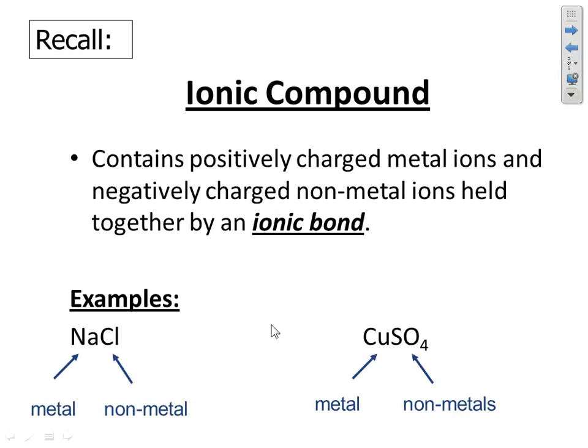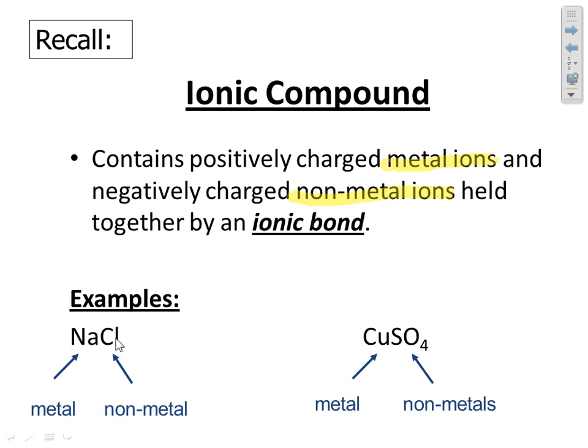Remember, when we first talked about forming bonds, we talked about forming ionic compounds versus molecular compounds. Remember, ionic compounds contain positively charged metal ions, and we know how to draw metal ions, and they contain negatively charged non-metal ions, or the anions, and we know how to draw those now, held together by what we call an ionic bond because they're oppositely charged.